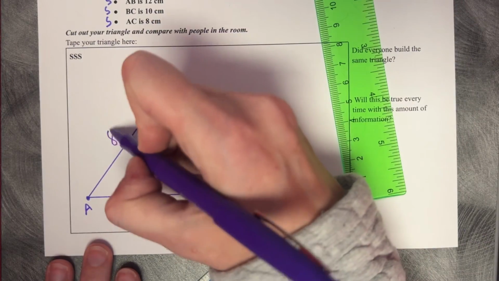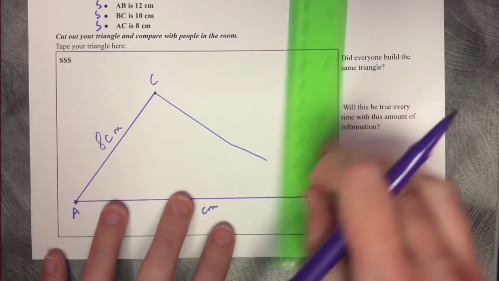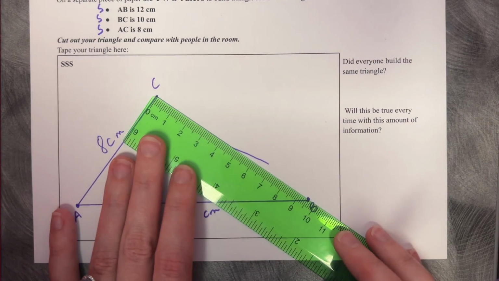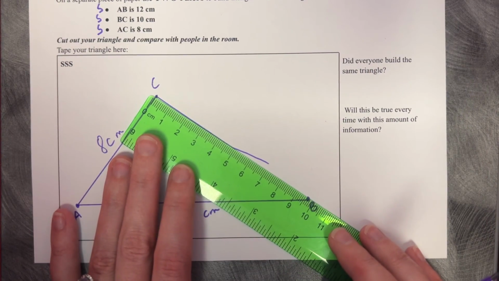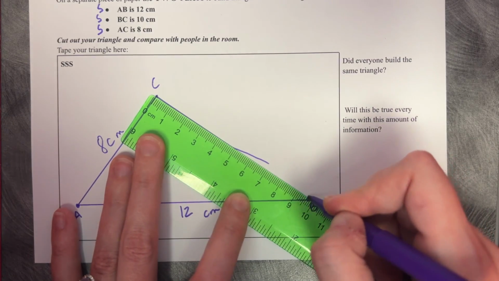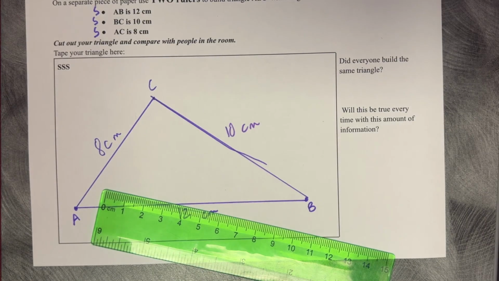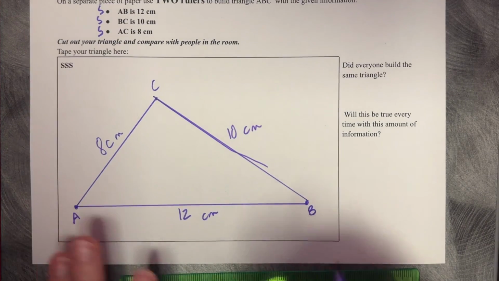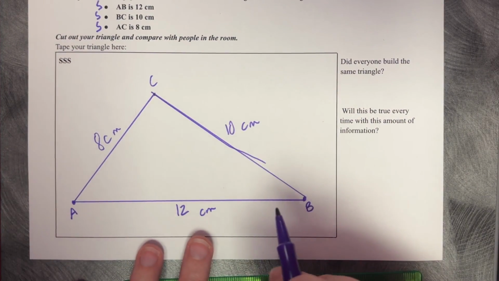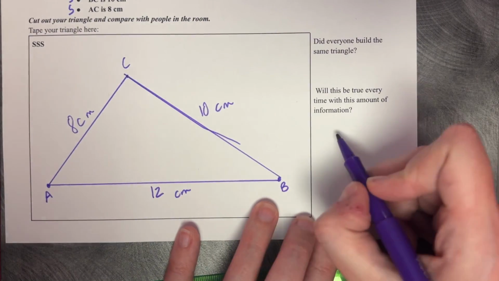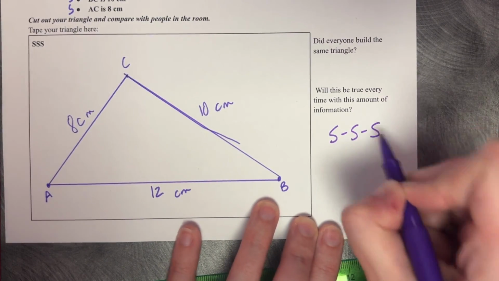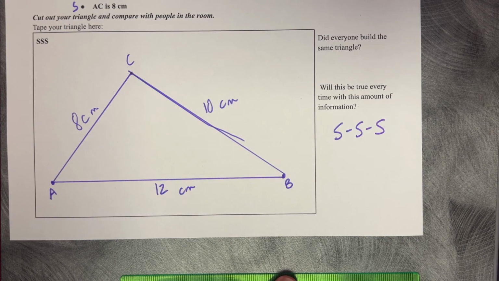So that's 8 centimeters on that side. And then let's draw this side length nicer. Oh, it was off just by a little. Yeah, my intersection was just a little bit off, but that was pretty close. We'll see if you can do a little bit better than I did. But you should get a 12 and an 8 and a 10, and I need no angles. I can make all the same triangle using side, side, side.